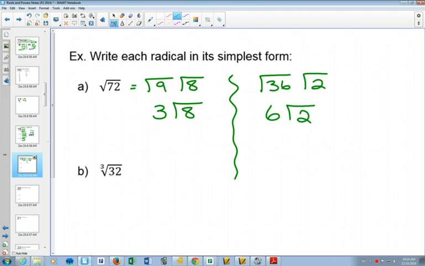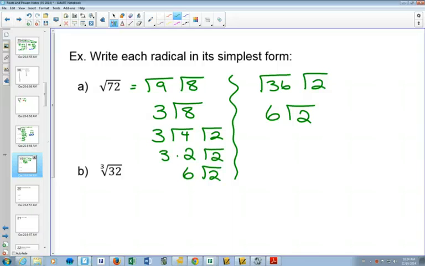Because 8 is 4 times 2. So it wouldn't be wrong if you chose 9 and 8. It'll just take a little bit longer. Square root of 4 is 2. And 3 times 2 makes 6. So we do get the same answer.